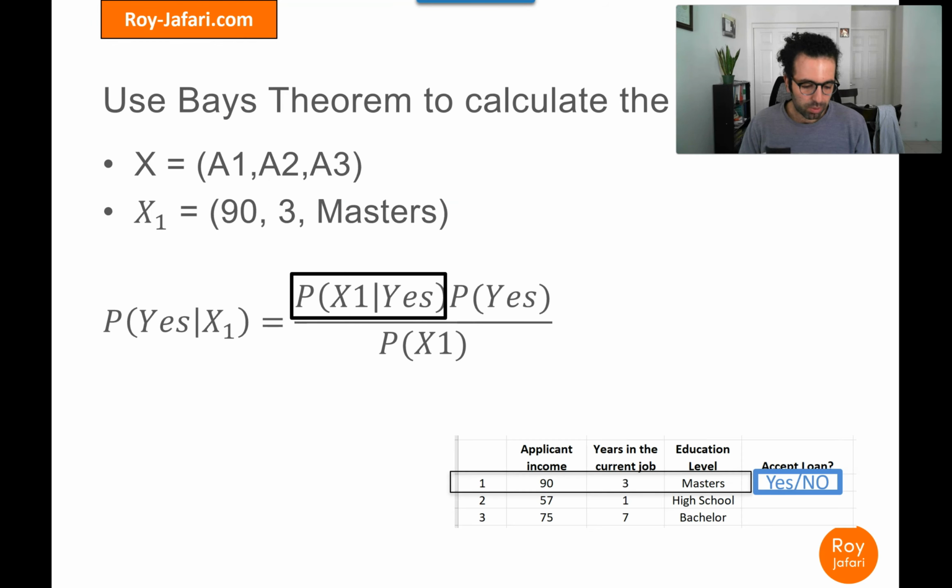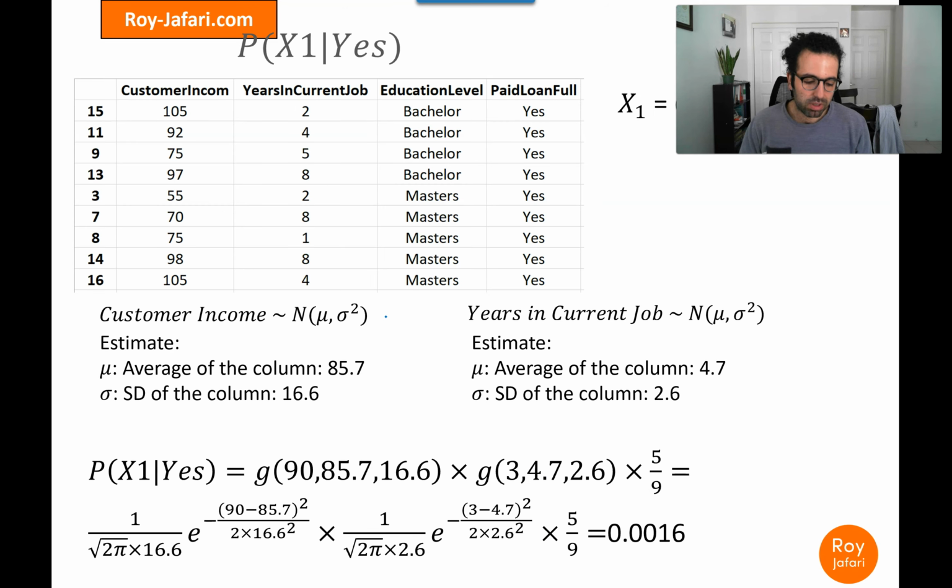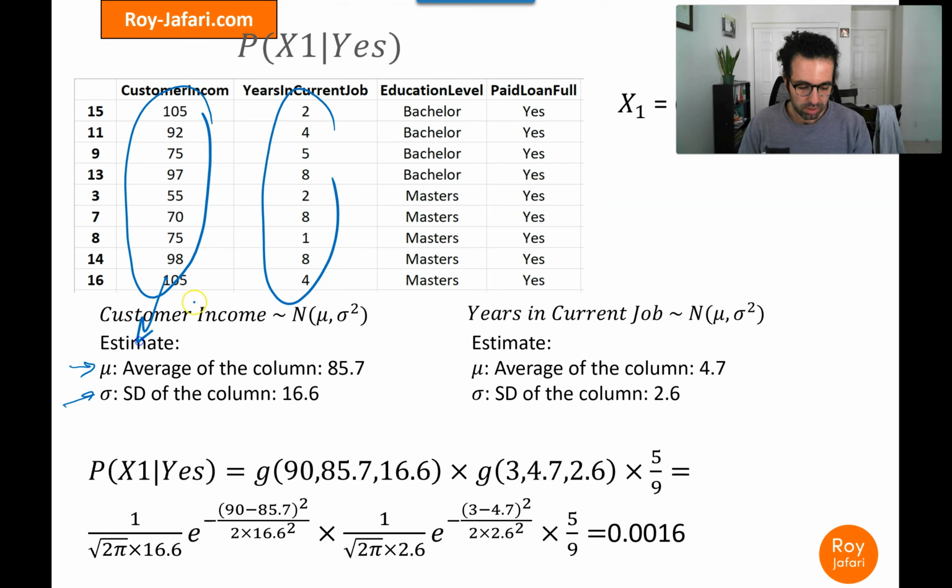That's x1, and for x1 given yes, you have to actually update your estimation, right? Because it's given, now we are going to change our estimates for the parameters of the normal distribution. We're only going to use these numbers to calculate the parameters here and here.